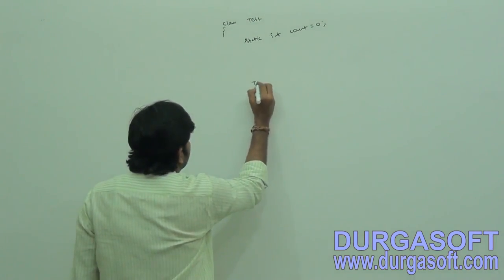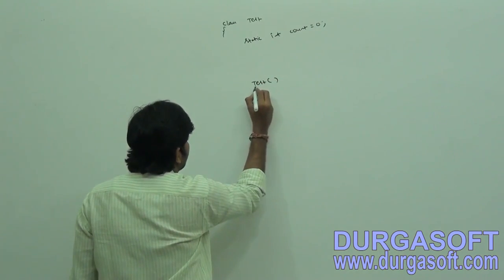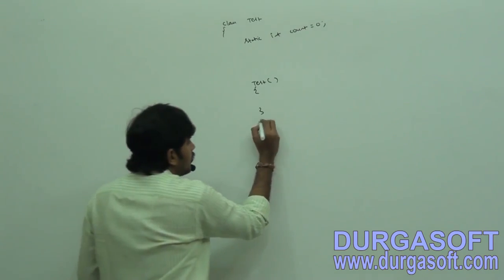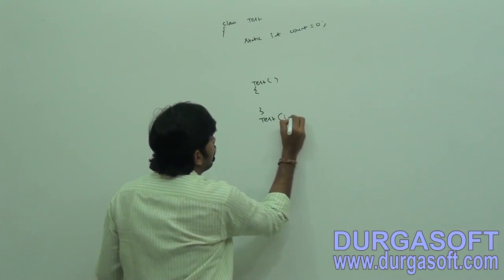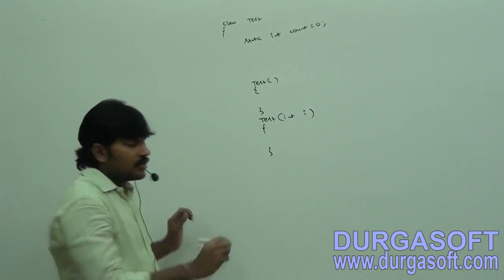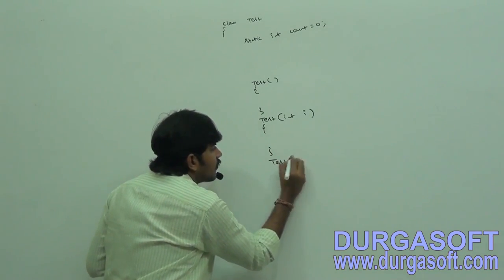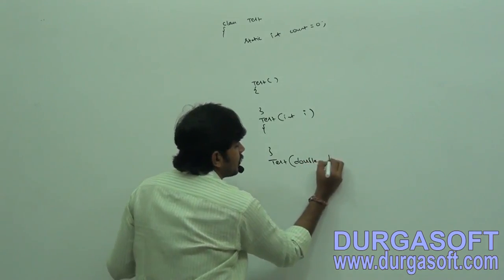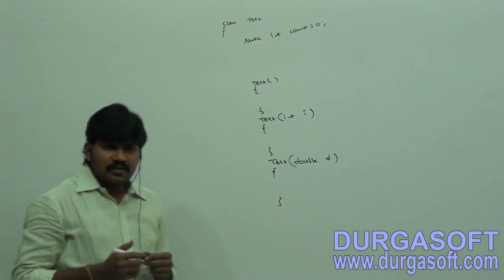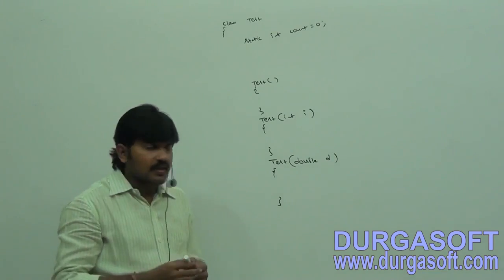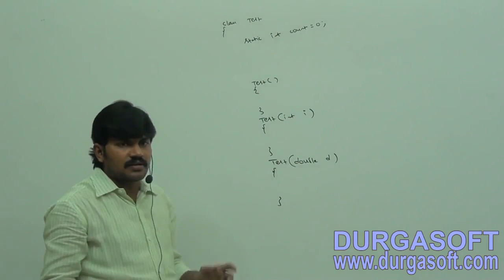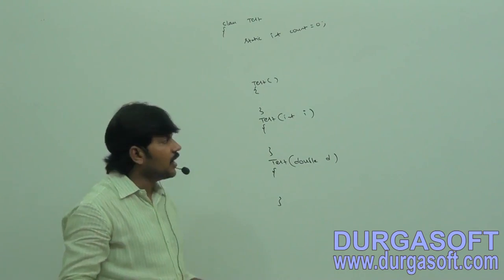I am taking a Test no-argument constructor, a Test(int i) constructor, and a Test(double d) constructor. How many constructors are we writing? Three constructors. Based on our requirement, I may call the first, second, or third constructor, any constructor.